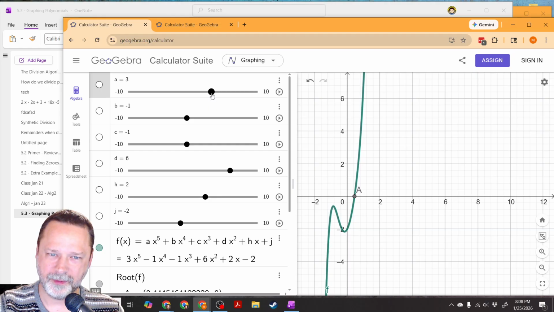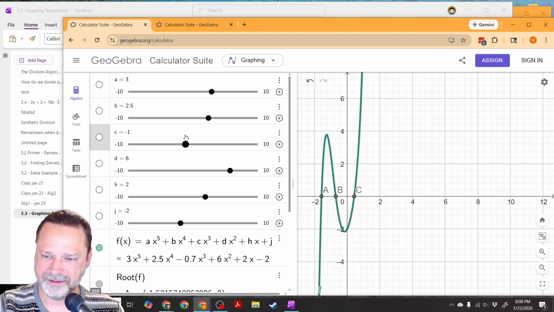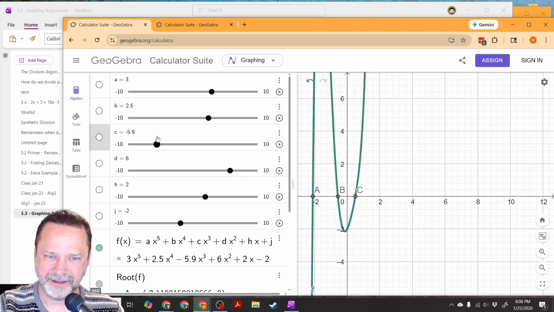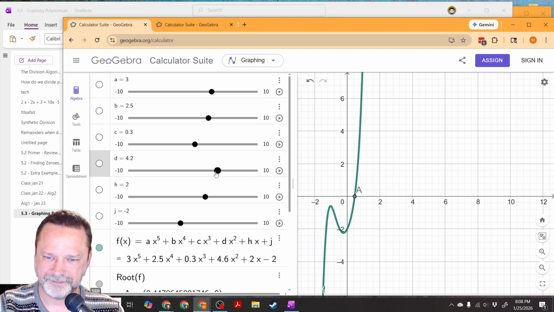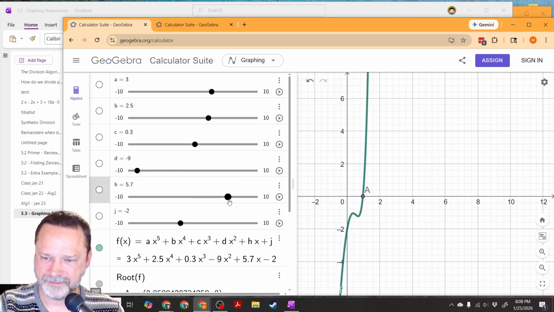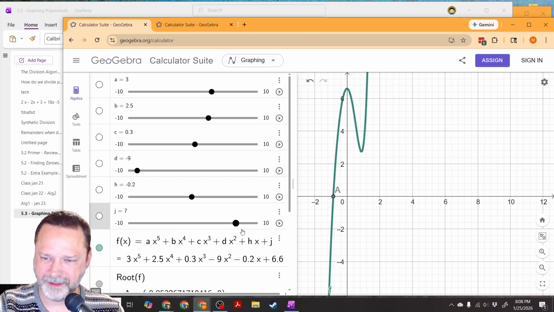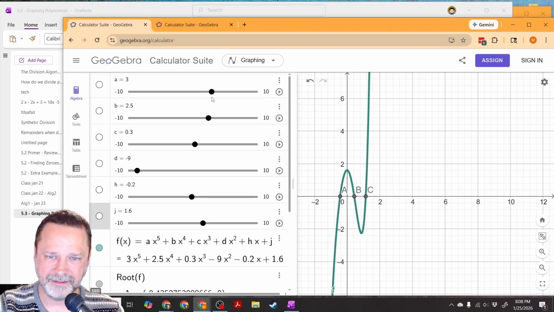But anyway, the point of all this was to play around with this, see what we can get. What kind of graphs do we end up with? And what do we notice about these?